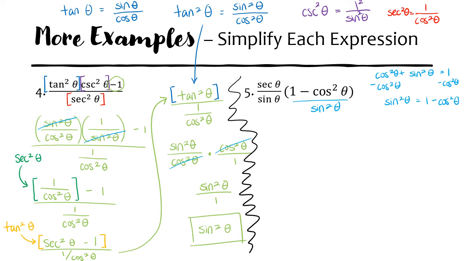So that's the first main step I want to take. Let's rewrite our expression there. Secant over sine times sine squared. Okay, well, sine squared, maybe I want to rewrite that as sine squared over 1.